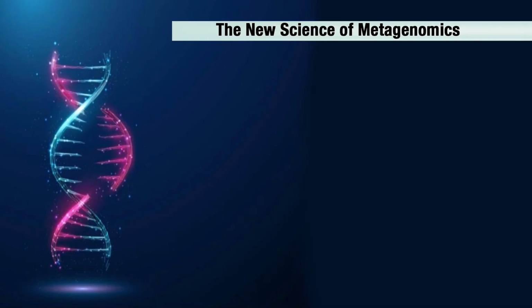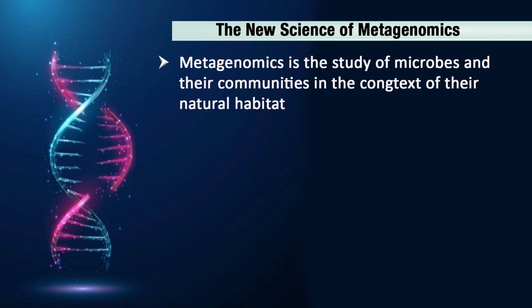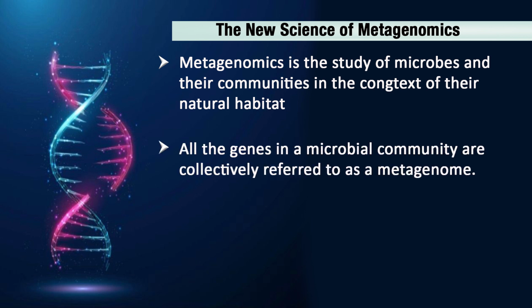Through rRNA analysis, we have learned that the number of microbial species on this planet is much larger than we thought. The new science of metagenomics studies microorganisms in the context of their natural habitat. All the genes in a microbial community are collectively referred to as the metagenome.